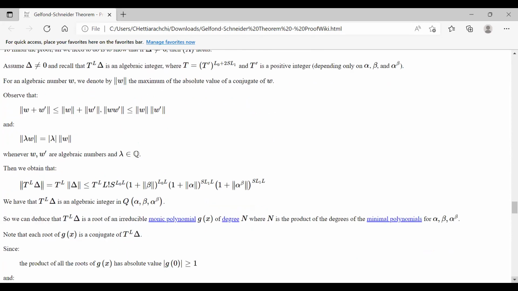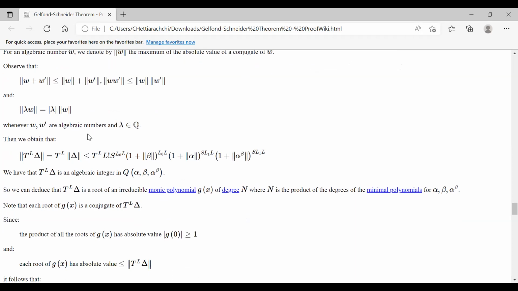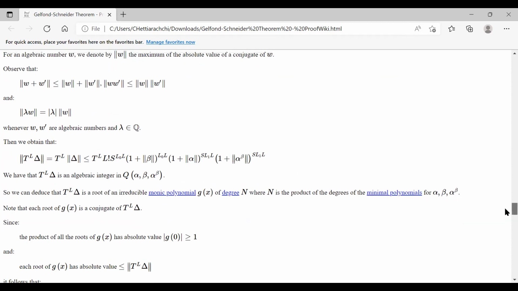So these are going to be algebraic numbers. So we obtain that. This is going to be the norm of T to the L alpha. We can pull T to the L out. And then what we do here is we apply this right here, T to the L delta.